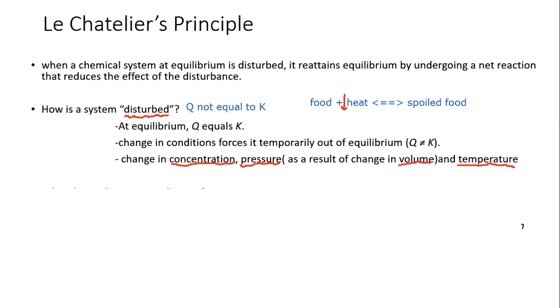So as you remove heat, less of the food will get spoiled. However, when you put the food on the counter, let's say it's hot in the room, you're adding heat. So as you add heat, you make more spoiled food. So that's just kind of a basic example of Le Chatelier's principle involving heat.